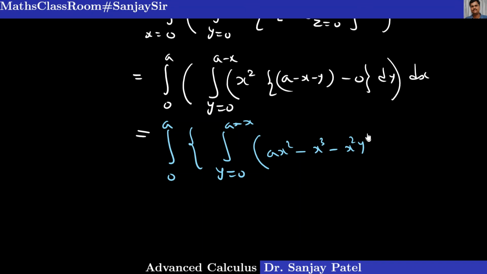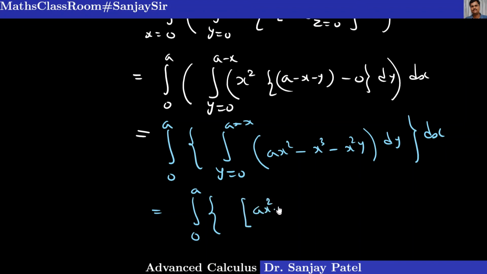This is 0, so it will go dy and then with respect to dx. So it is now a matter of a simple double integral. So 0 to a. This I can integrate with respect to y by keeping x constant. So the integral of a into x square is a into x square into y. The integral of x cube is x cube into y. The integral of x square into y, so x square is constant.